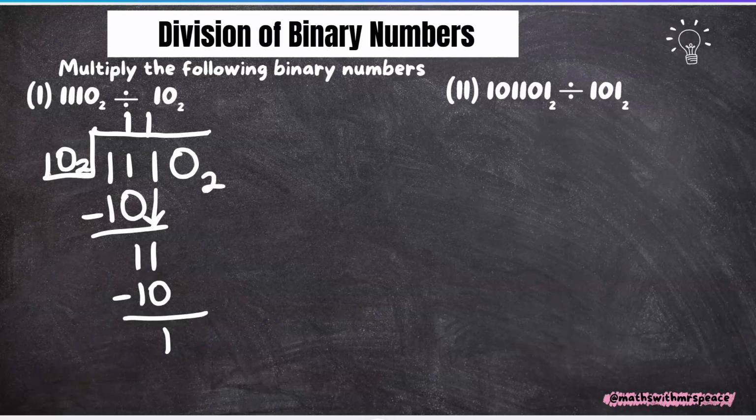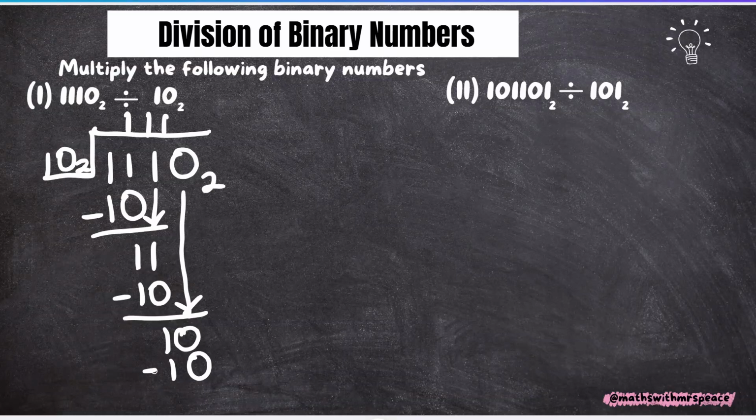1 divided by 10 cannot, so we're going to bring down the last digit here, which is 0. And bring it down here, and now we have 10. Of course, 10 divided by 10 will be 1, which I'll write here. 1 times 10 will give us 10.